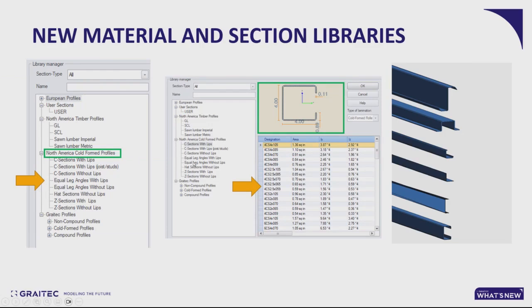After that, you will see that we have the full library for each category. You select your section, and you will also see the section dimensions there. I have added some screenshots here showing how your sections will look in Advanced Design. Like other steel sections in Advanced Design, they are fully rendered in 3D, and you will have the presentation of your cold form section in your model as you see here.